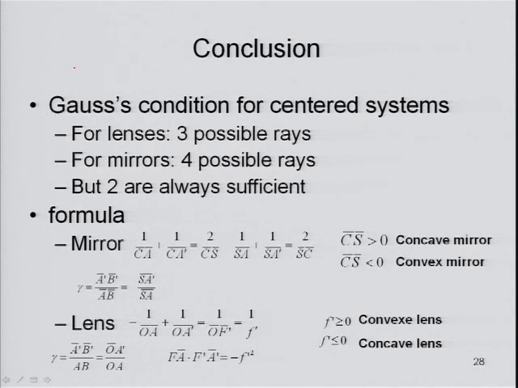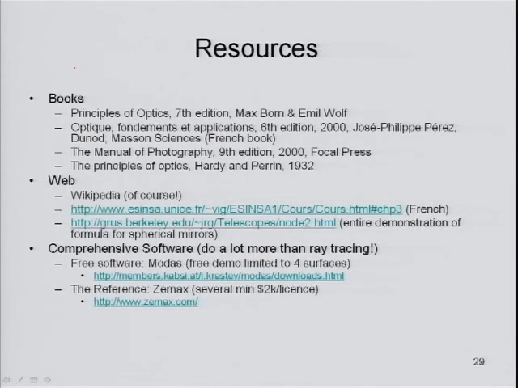Forget about gamma positive, gamma negative, or gamma absolute value superior to 1 or inferior to 1. Always go back to this equation, and everything you do will be correct. So I guess, as planned, I don't have any time to talk about telescopes.